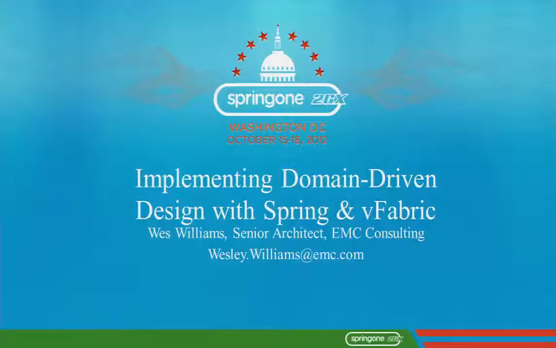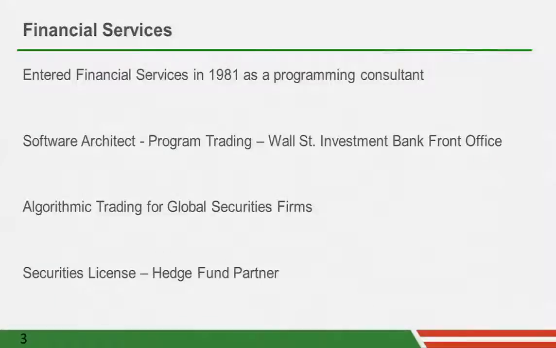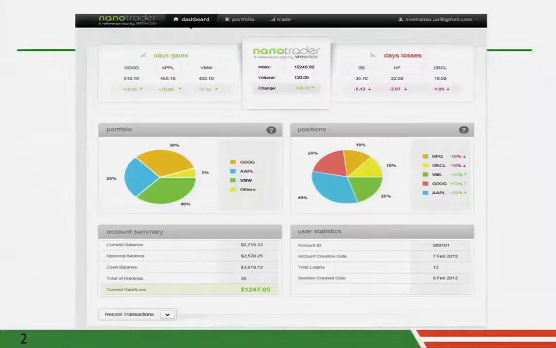The application we'll be demonstrating is NanoTrader, now this week named SpringTrader by VMware. What NanoTrader, or SpringTrader now, is, is a best practice reference architecture for vFabric in the entire application stack.